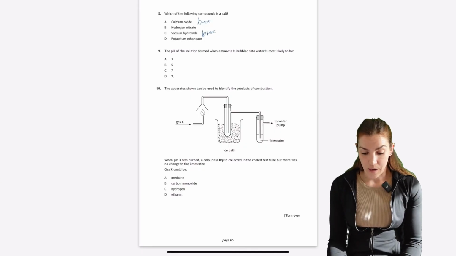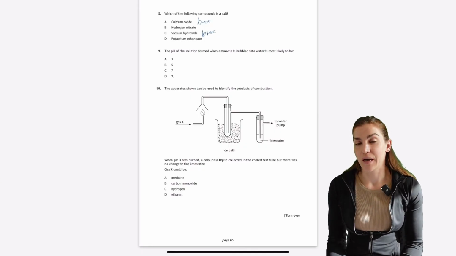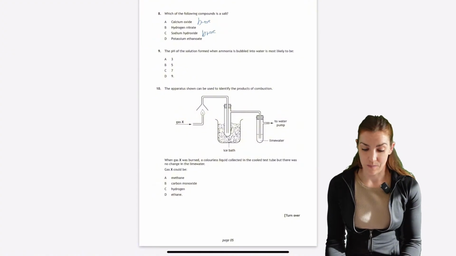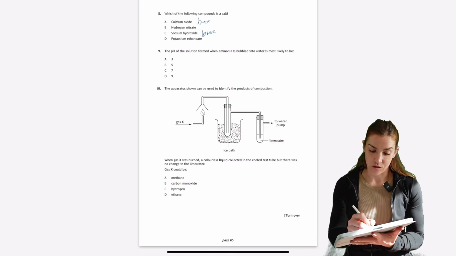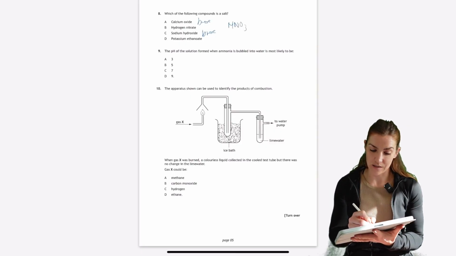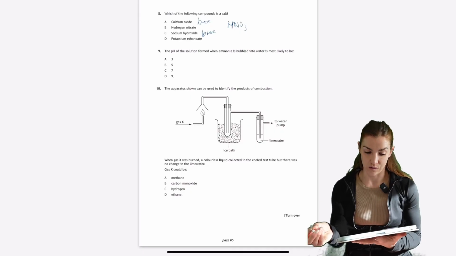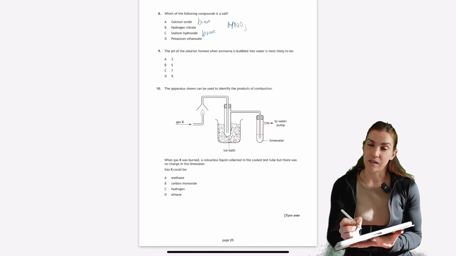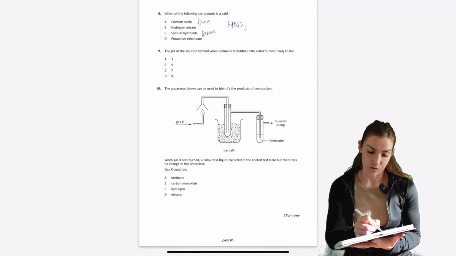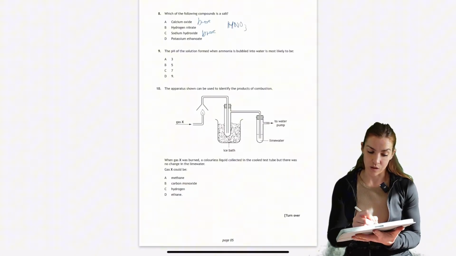Now, hydrogen nitrate has the name ending that's a bit like a salt, because a lot of salts names end in ate. However, hydrogen nitrate is actually HNO3, and that is nitric acid if it's dissolved in water. So that is actually going to be technically classed as an acid or something that could dissolve to produce an acid, so that's not going to be our salt.